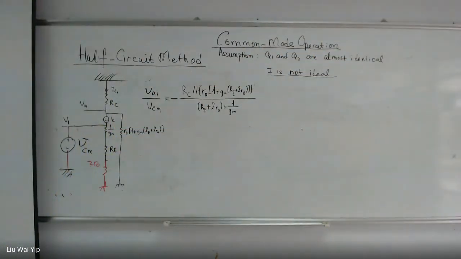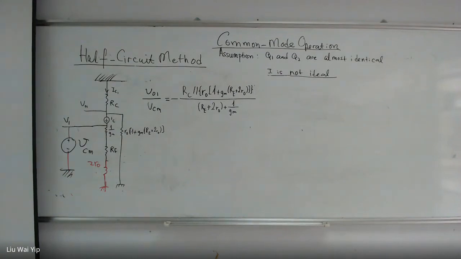So now, normally, in the exam, they will ask you for the single-ended common mode gain. So this is the answer. Single-ended common mode gain, this is the answer. You don't need to do anything more.